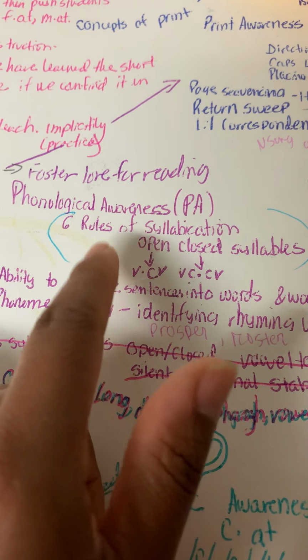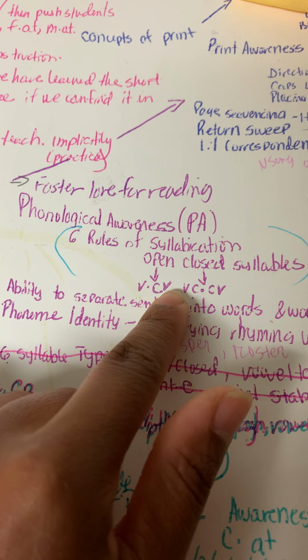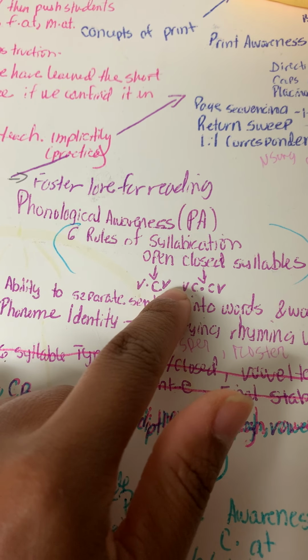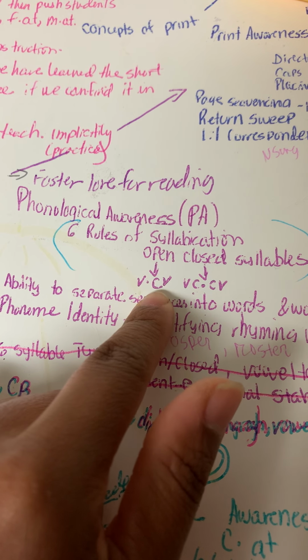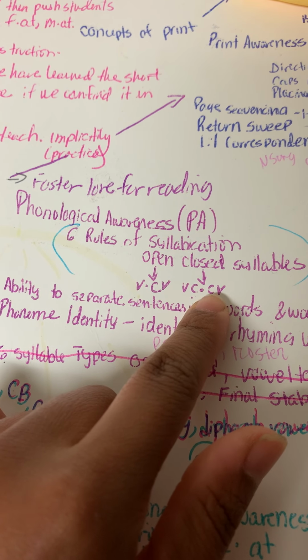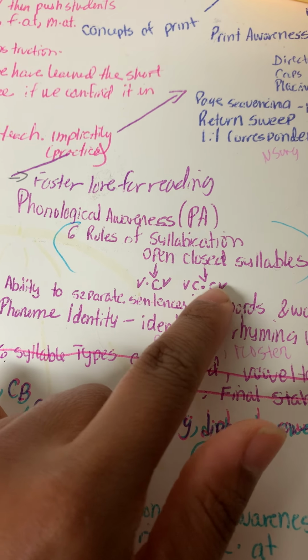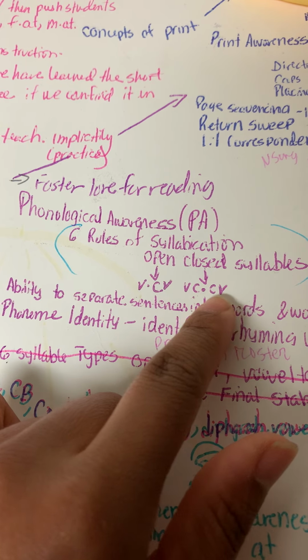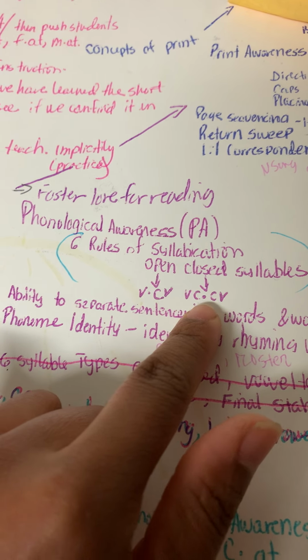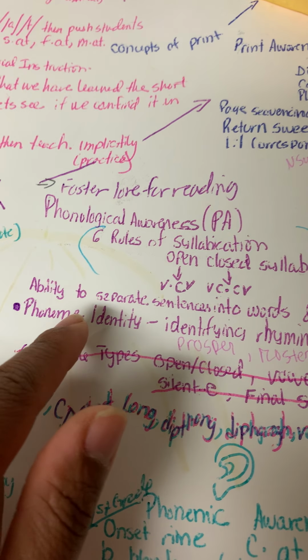If it's an open syllable, it's going to be vowel, consonant, vowel, for example, cat. And closed will be vowel, consonant, consonant, vowel, like pour. You can double check me on that because it's been a while.